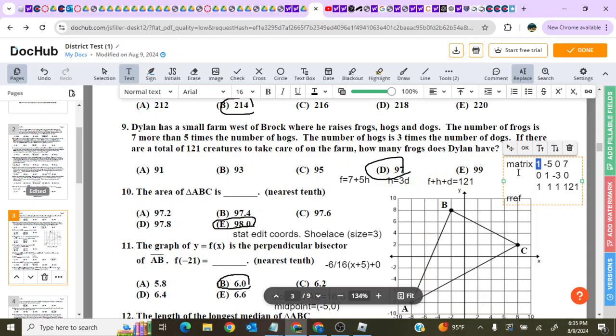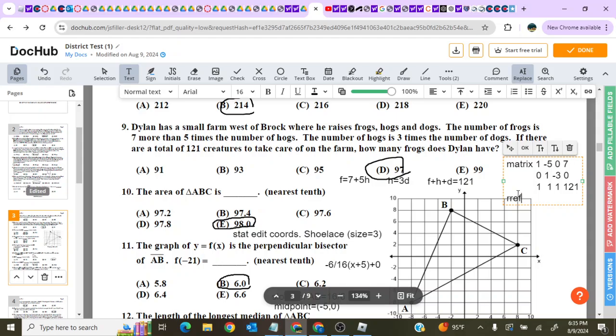And then you do a similar process with this. Number of hogs is equal to 3D. So you've got to move the 3D over, and you get H minus 3 times the number of dogs is equal to 0, as shown here. And then all the creatures add up to 121, as we showed here.